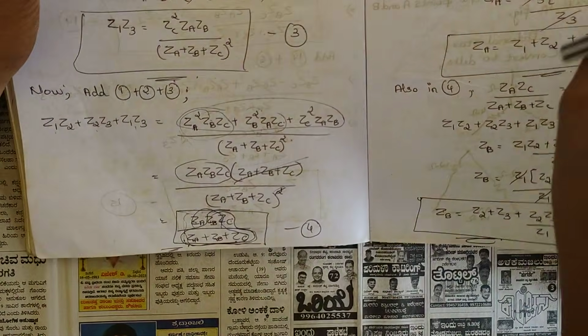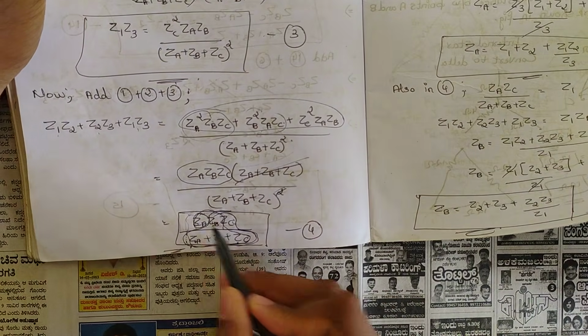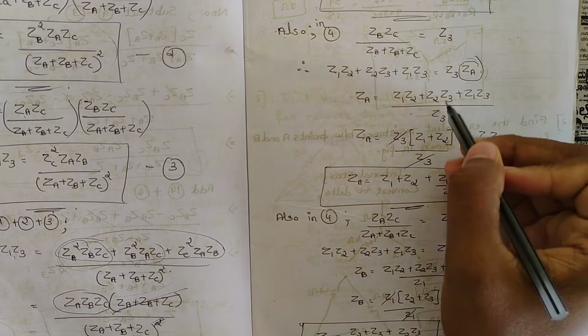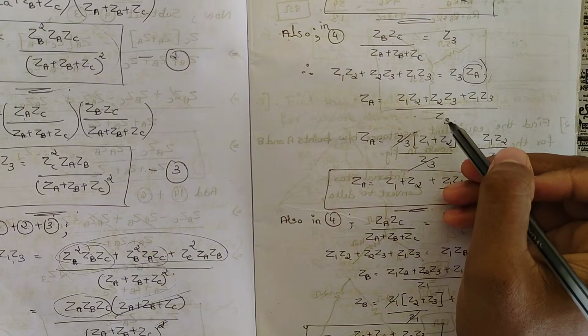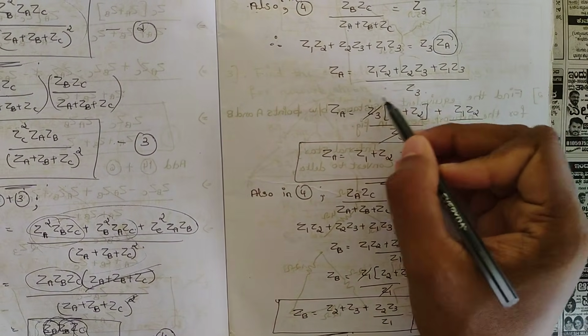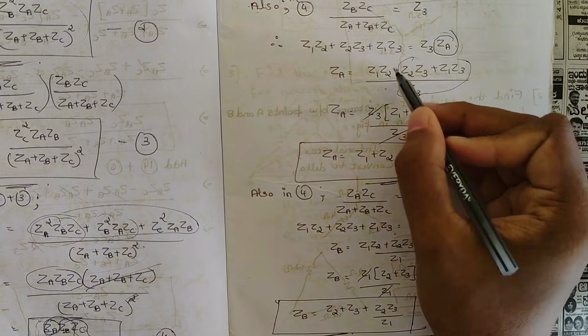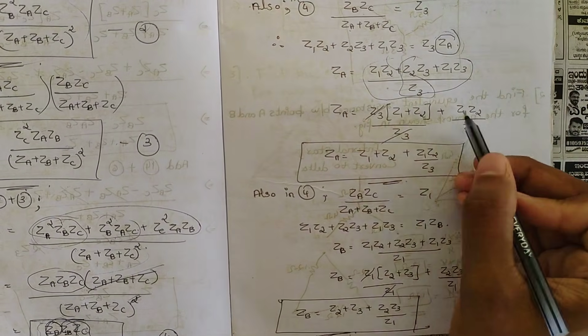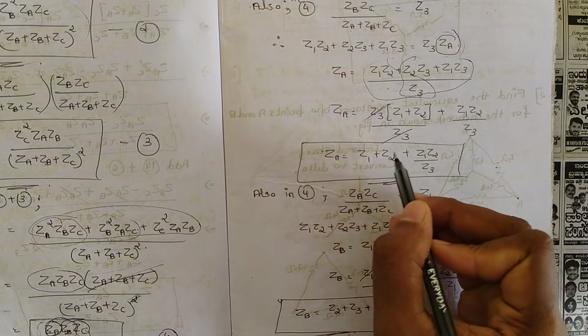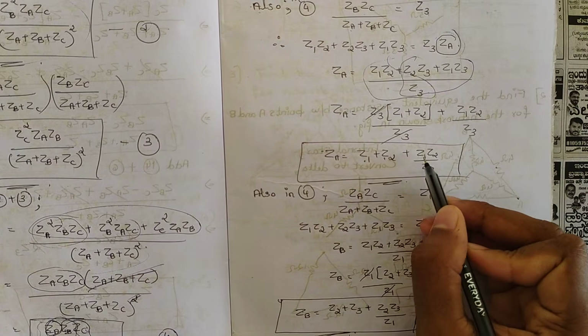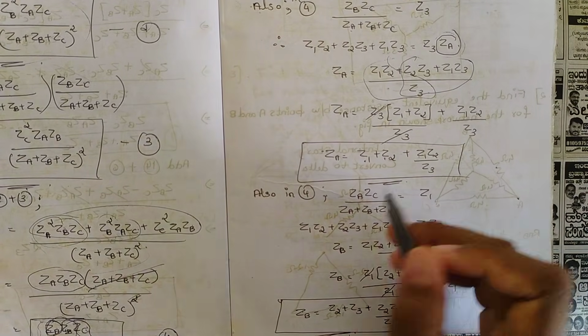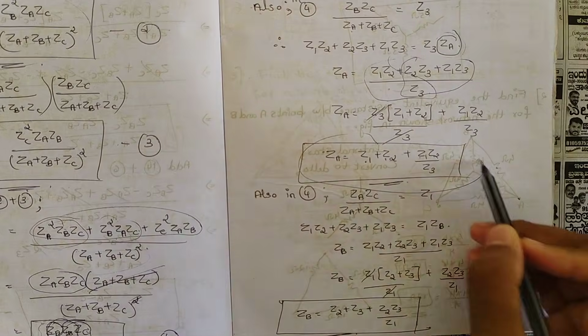ZA is left, right? Take ZA on one side, bring Z3 to the other side, so it will get divided. Split it like this again, so that we can cancel Z3 and we would be left with the answer of ZA as Z1 plus Z2 plus Z1 Z2 by Z3. This is the answer of ZA.